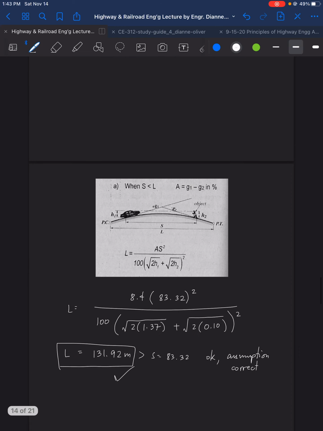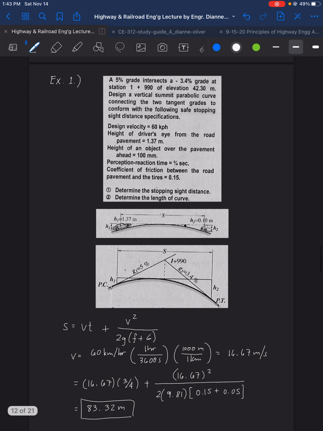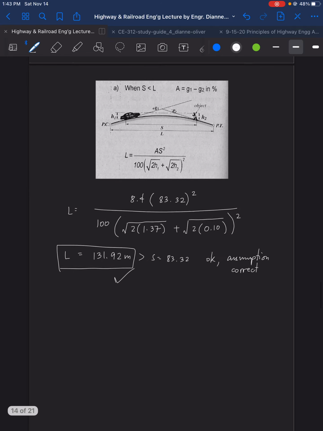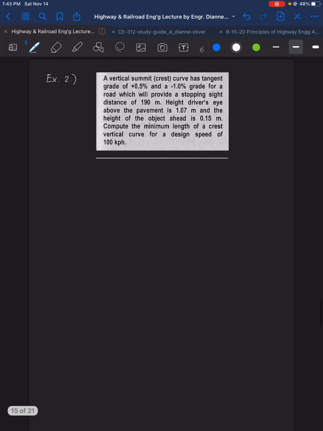Let's go to the second problem. Before that, screenshot first the problem number 1 as reference. Next, example number 2.